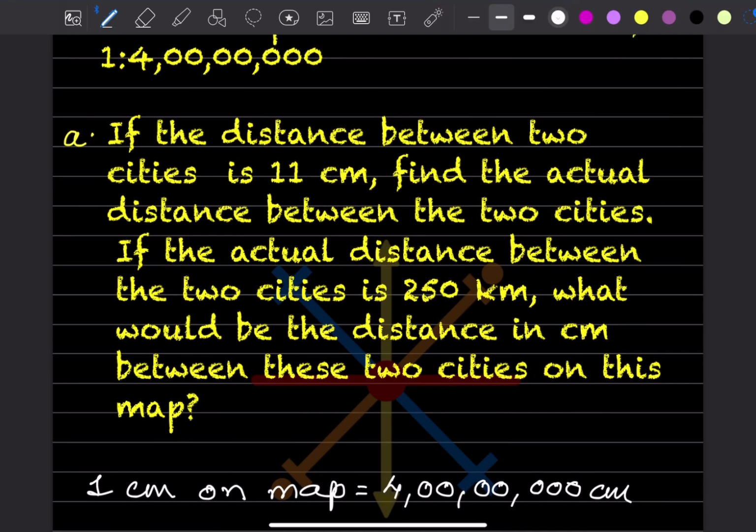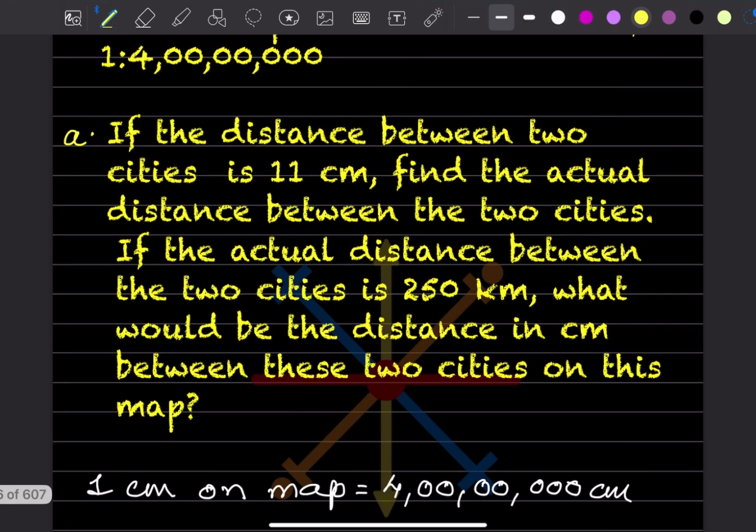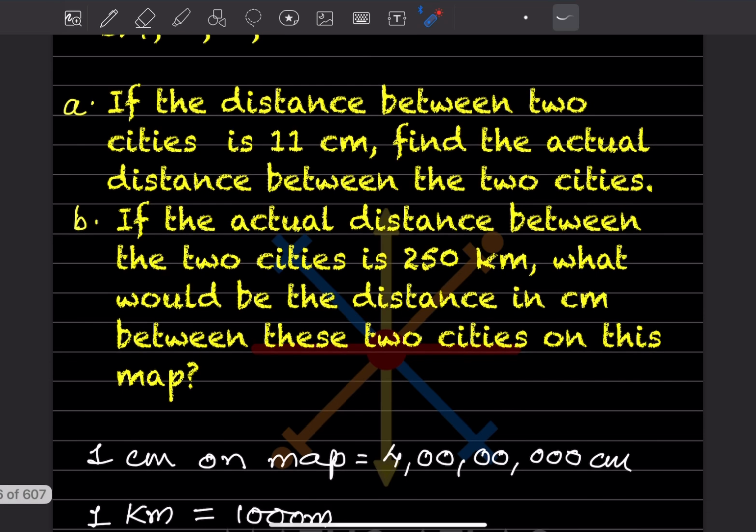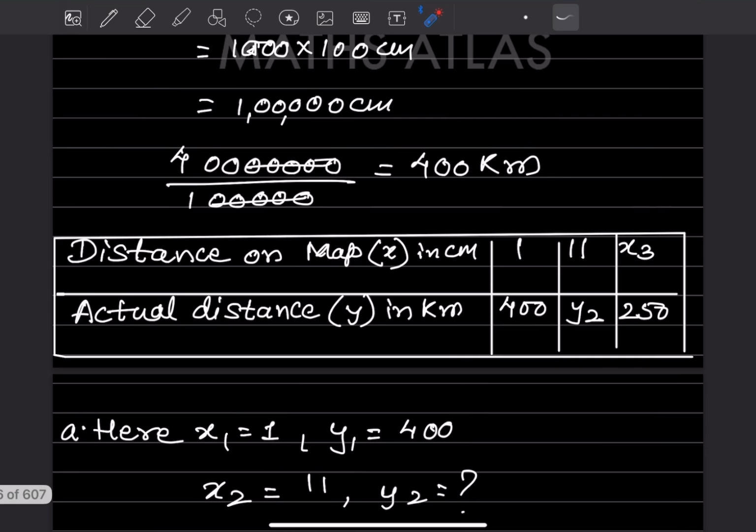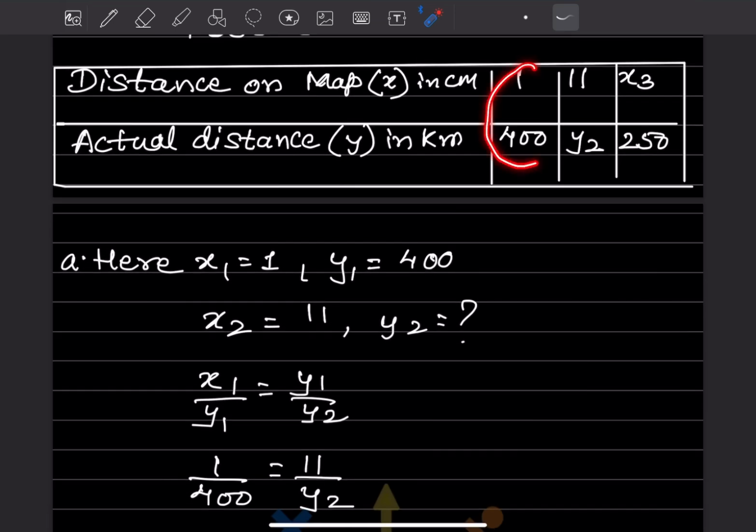So now this is the A part and this is the B part. A part is done, so now we will go for the B part. If the actual distance is this one, 250, now we will take this part.